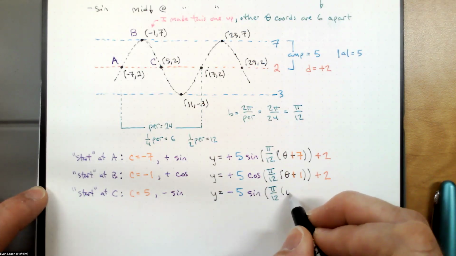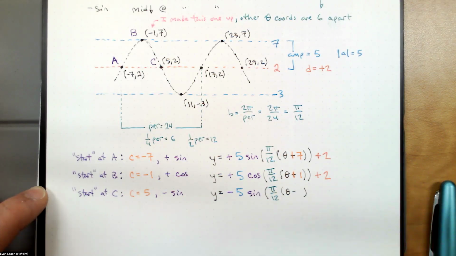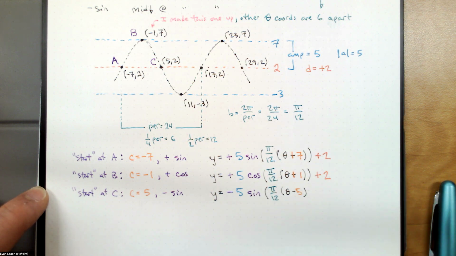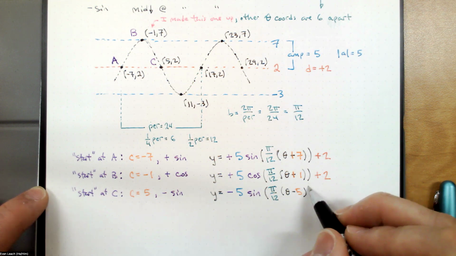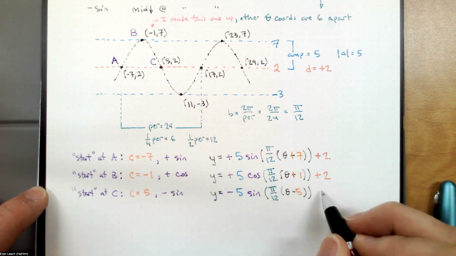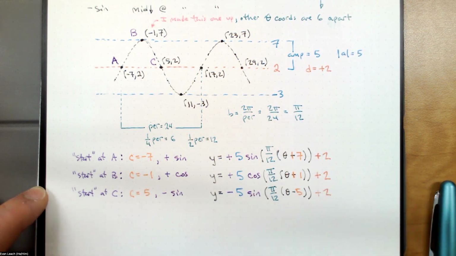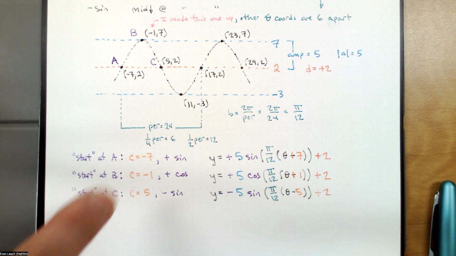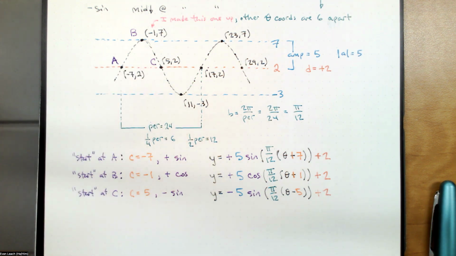Theta is still theta. It's theta minus, and in this case, we write theta minus 5. And D is still plus 2. It's because we're thinking about the graph starting at this point 5, 2.